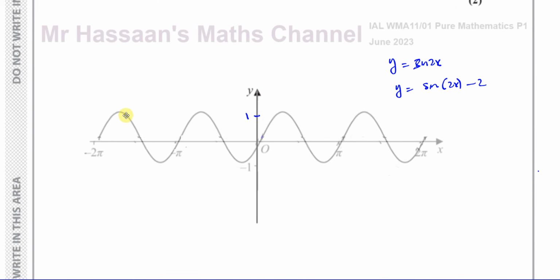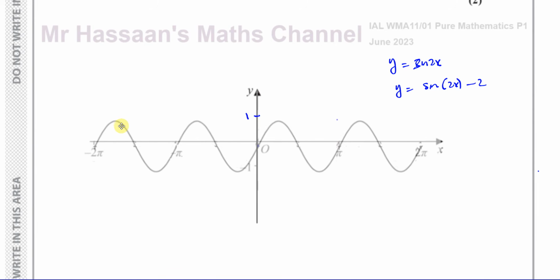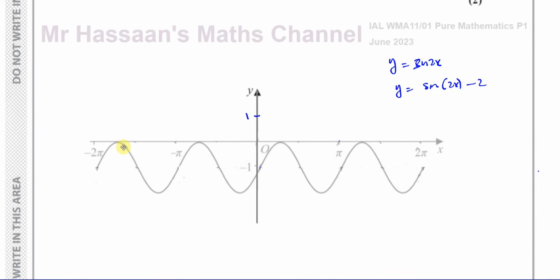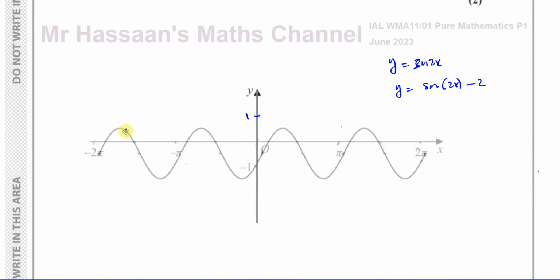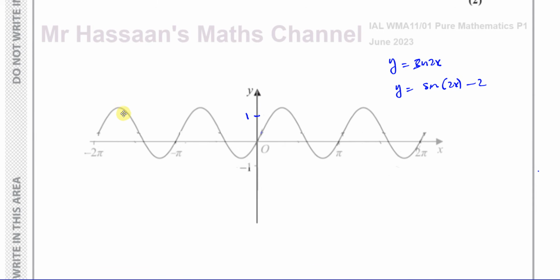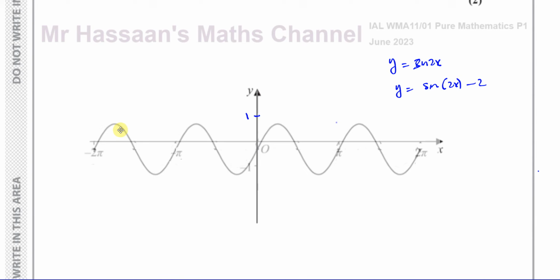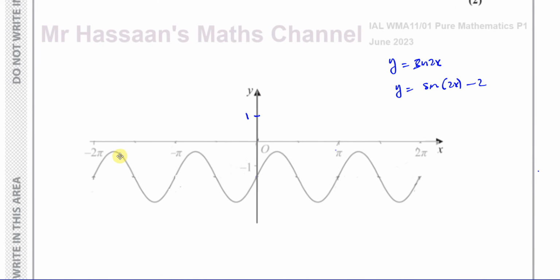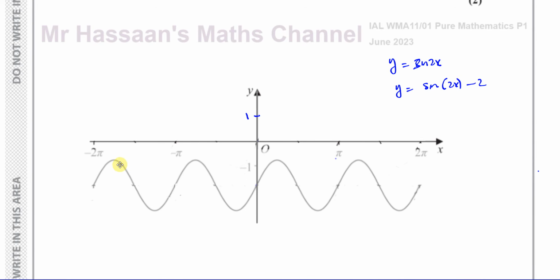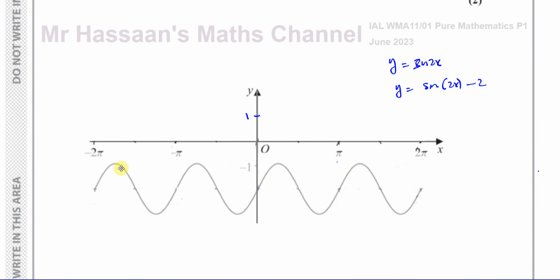The x coordinates stay the same, and the y coordinates are now shifted down 2 units. So what was over there becomes 0, -2. The maximum that was 1 now becomes -1.